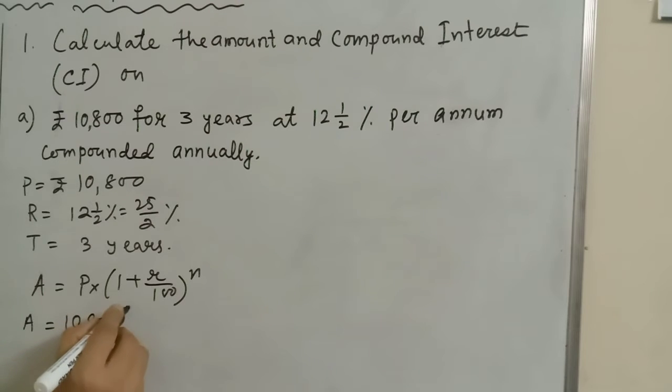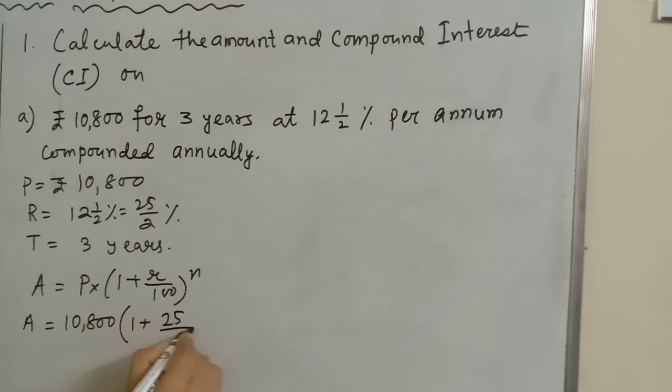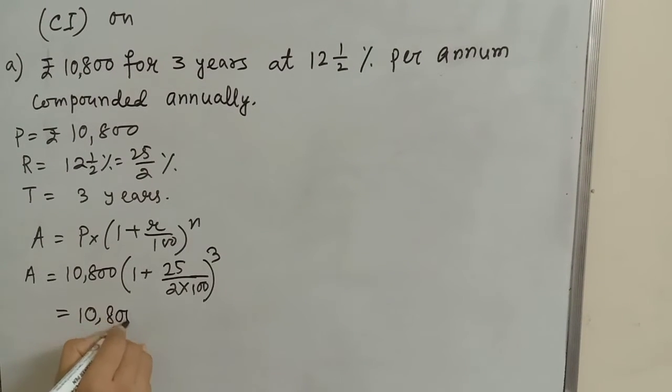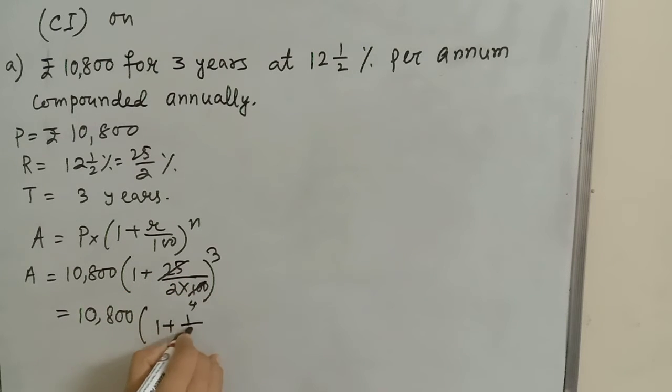Amount is equal to 10,800 into 1 plus rate percent, 25 by 2 into 100, because this is our rate of interest percentage, whole to the power 3. Now the calculation, you have to do the calculation on your own always. 10,800, 25 fours are 100, so 1 plus 1 by 8 whole to the power 3.